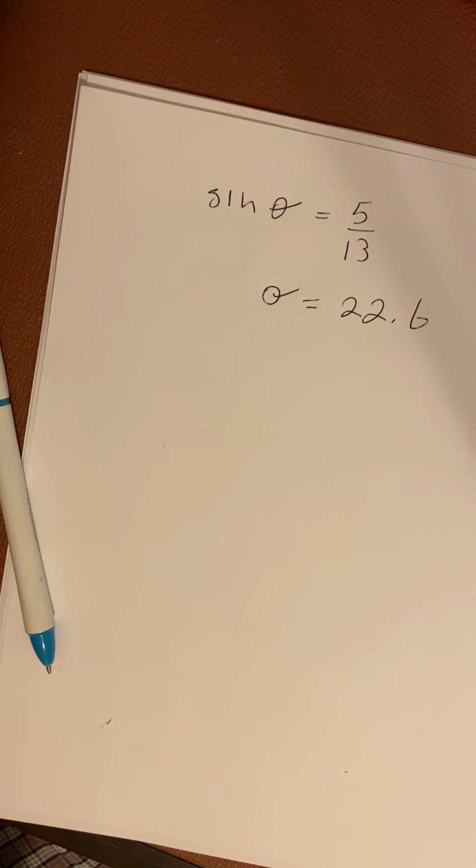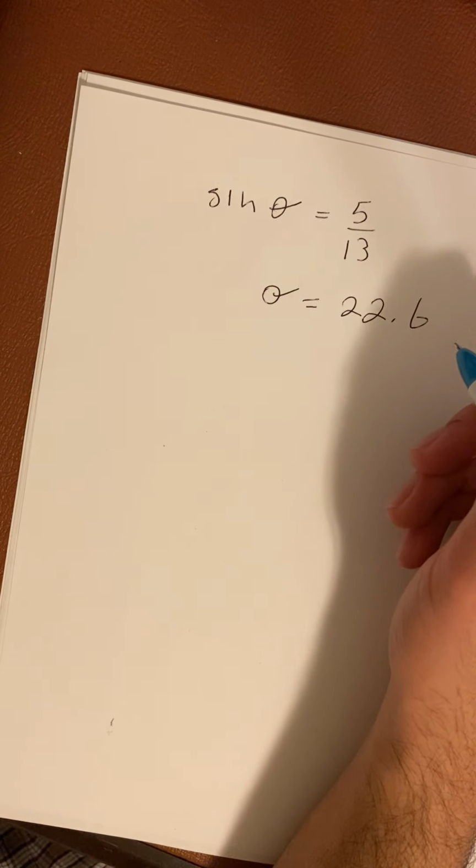Sine angle equals 5 over 13, which will equal 22.6, as I did it on my calculator already. I'll do it again just to make sure. Sine 5 over 13. Yes, got 22.6.